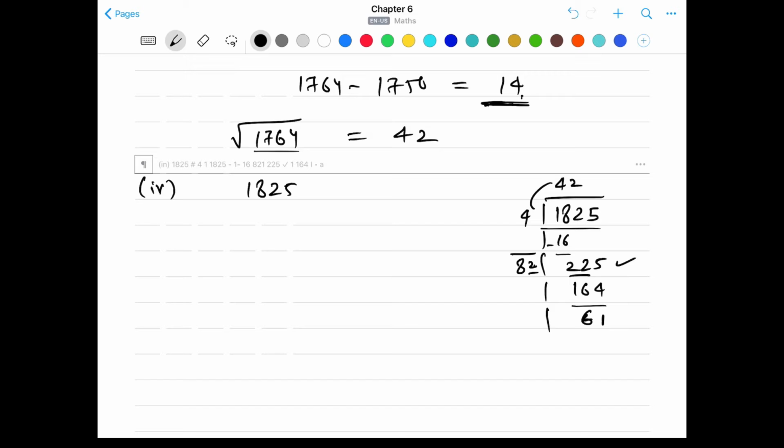Okay, so we are getting the number 61 as the remainder. The moment you get a number which is less than this number, you will stop there. So write the remainder here is 61.